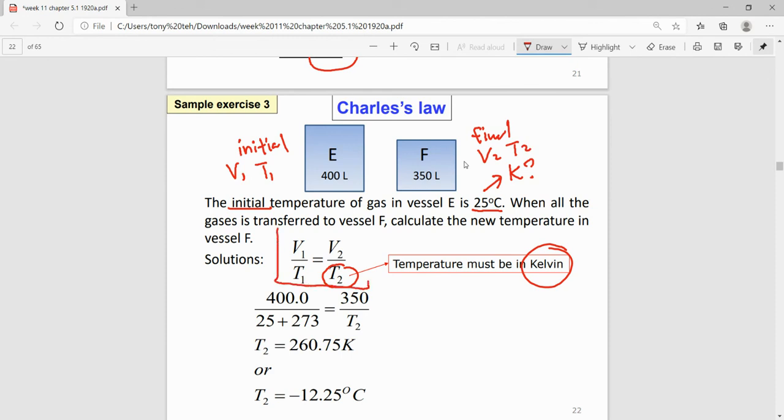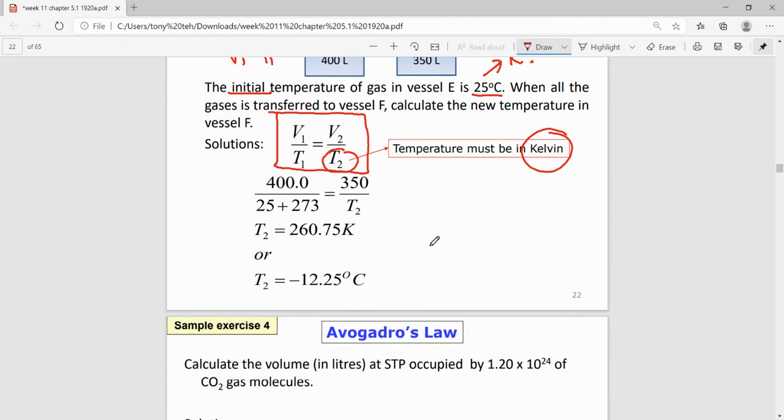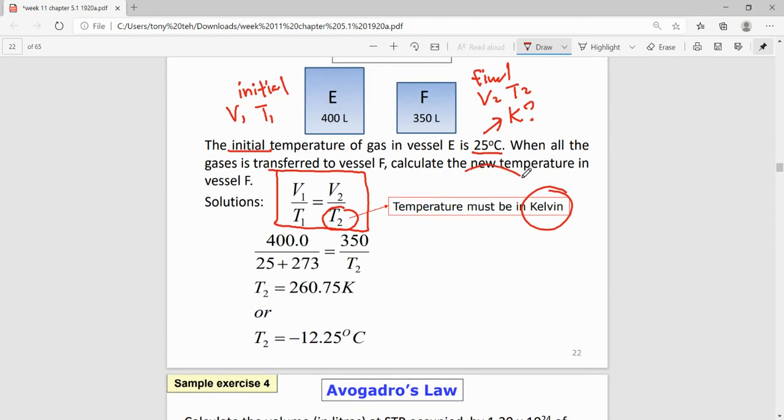Then by using the Charles' law expression, you can get the answer. The question didn't ask for degrees Celsius or Kelvin, so you can choose either one.